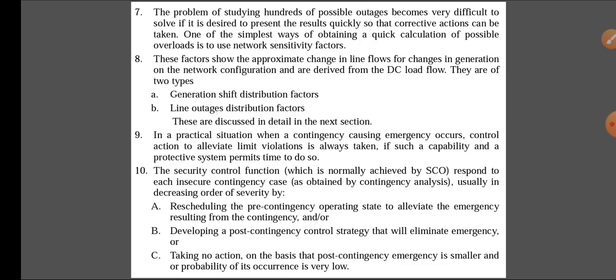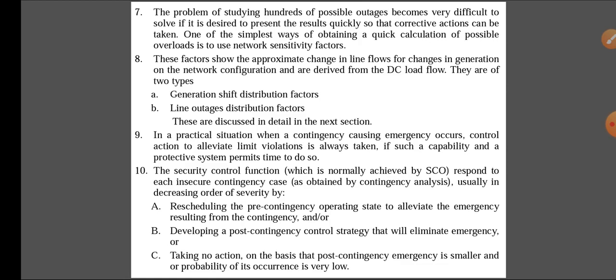If an insecure contingency is going to occur, the security control can reschedule the pre-contingency operating state to alleviate the emergency resulting from contingencies. You can go with step A and B, or you can go for either or.